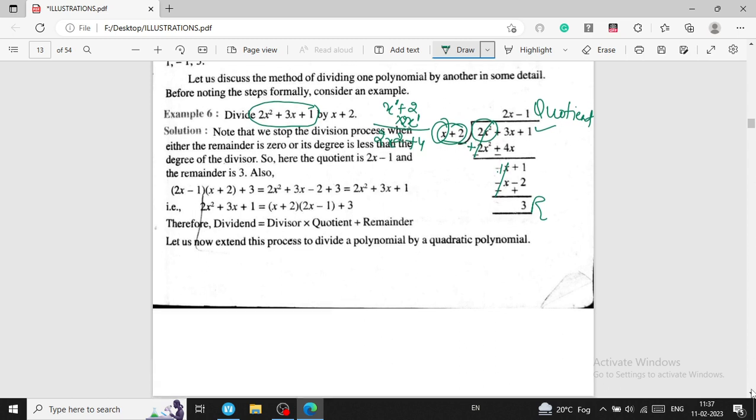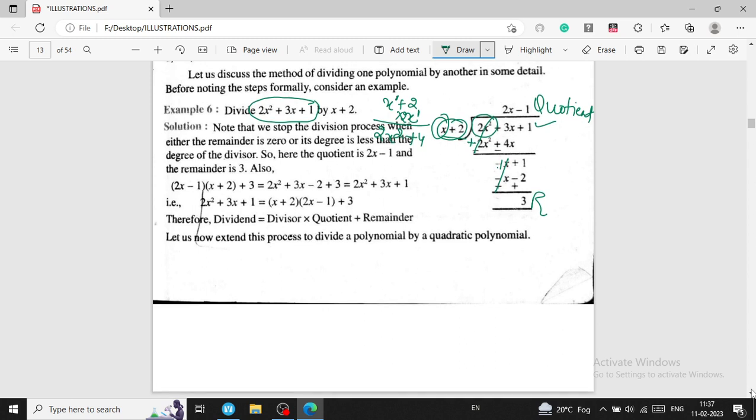And now if you want to check whether it's wrong or right, then you can use this formula. The divisor is given as x plus 2. The quotient is 2x minus 1. The remainder is 3. Here x multiplied by 2x square, 2x square plus this multiplied by this number, 2 times 2 is 4, 4x, then x multiplied by minus 1 is minus x, then 2 multiplied by minus 1 is minus 2, plus 3.